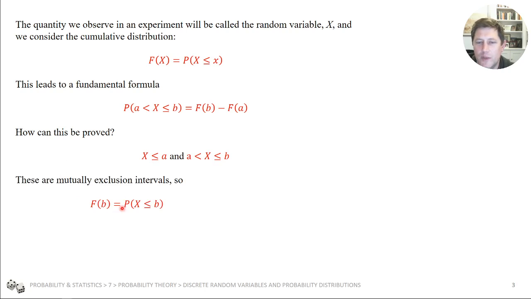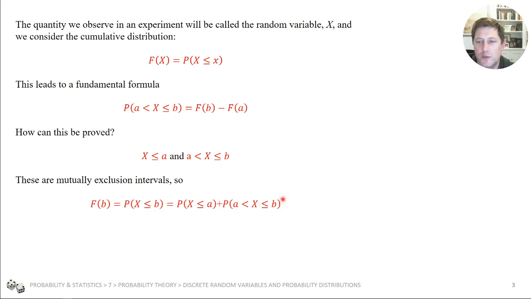So we can say the cumulative distribution of b is equal to the probability of our outcome being less than or equal to b. And that's going to be equal to the probabilities of these two mutually exclusive events: that our outcome is less than or equal to a, and that our outcome is greater than a but less than or equal to b.